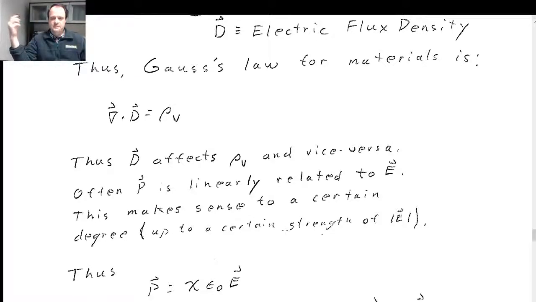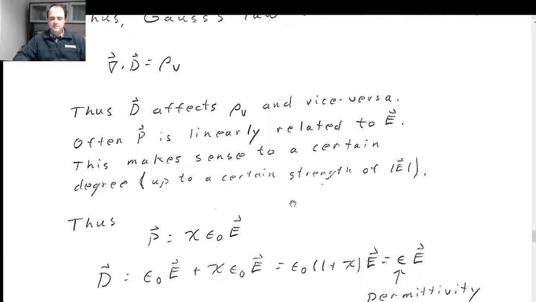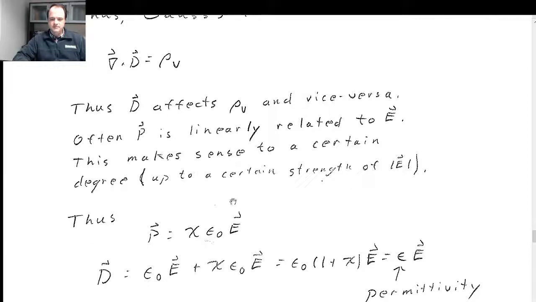And so in that case, you go to a nonlinear regime for the relationship between P and E. But as long as you stay away from that, you can assume that P is linearly related to E in this way, right here.